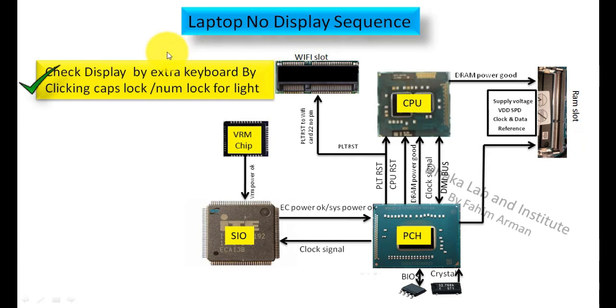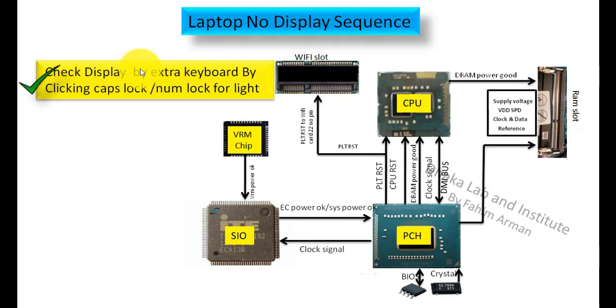Actually, you should check the display monitor. As you know, a bad display monitor may cause a no display problem. So you should connect an extra keyboard and click caps lock and num lock, and you will get the light if the motherboard is on.